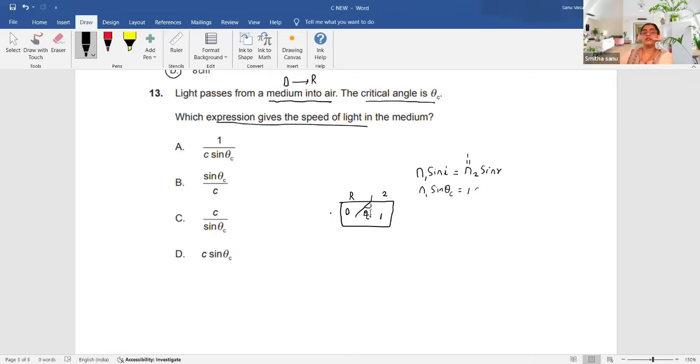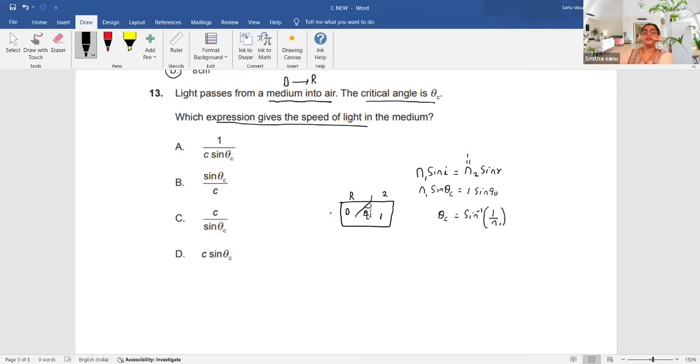And sine of r is sine 90, which is also 1. So your theta critical is nothing but sine inverse of 1 over n1, or sine of theta critical is 1 over n1.